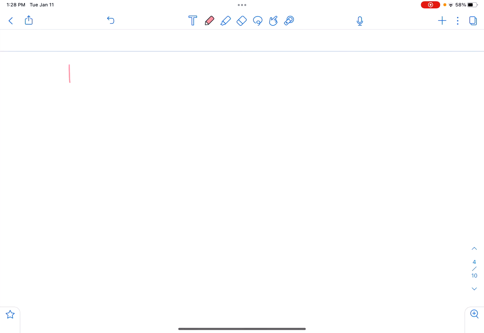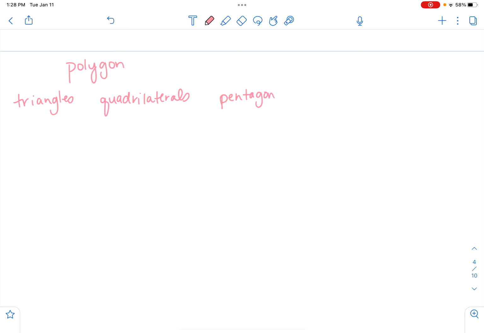So I'm just going to write out that big list that we have because that's really the gist of it. So remember, a polygon is a many-sided shape, and then we had triangles, quadrilaterals, pentagons, hexagons, heptagons, etc. I don't feel like writing them all out.